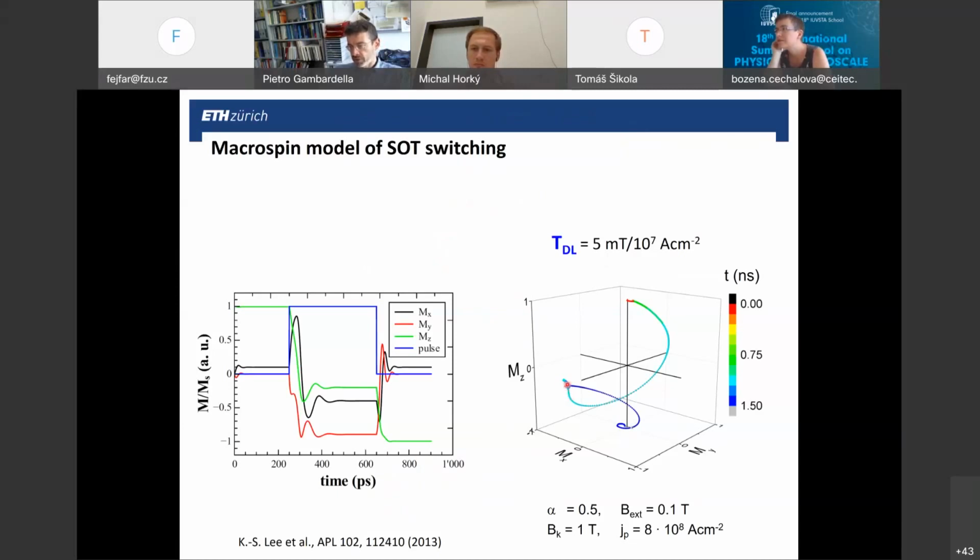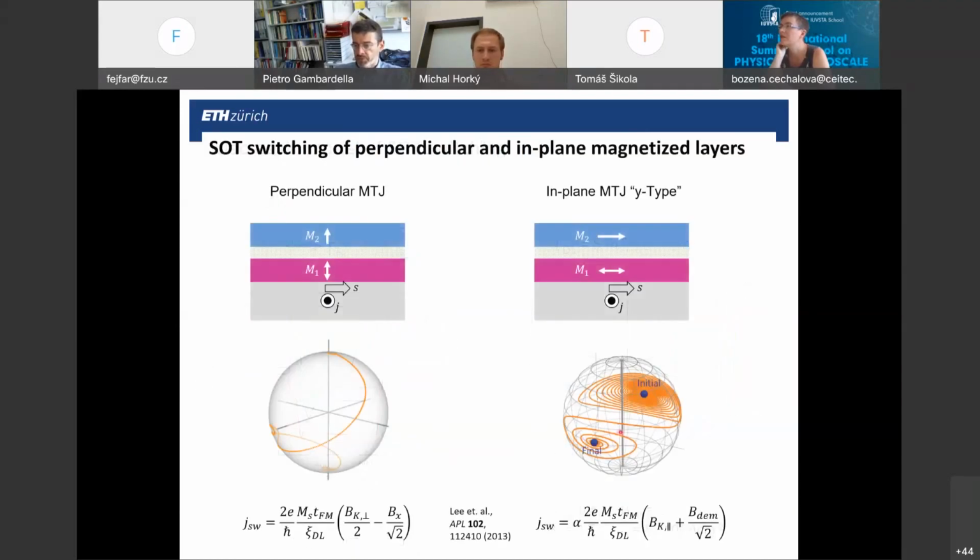And then once the current is off, it can spiral off to the opposite state. That's a macrospin picture. Okay, it works a bit differently depending on whether you have a perpendicular system with perpendicular anisotropy or in-plane anisotropy, but roughly that's the idea.